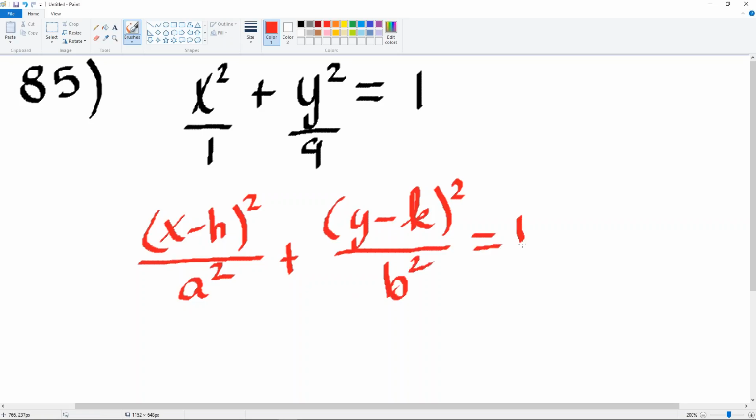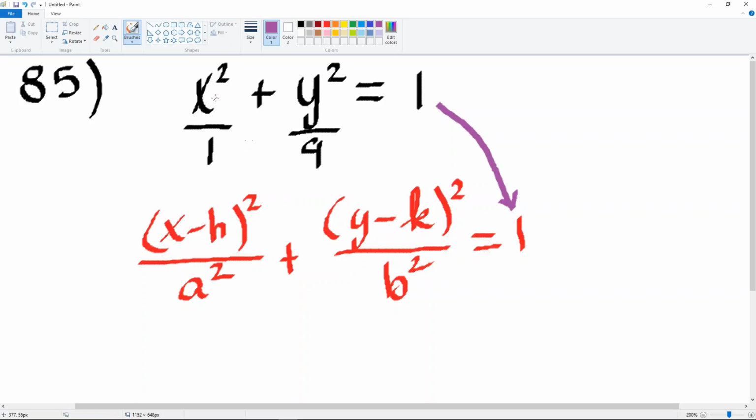Now we have to be very careful. It has to be equal to 1. Is it in this case? Yes, it is, right? So we're good. All right, again, hk is going to be the center.